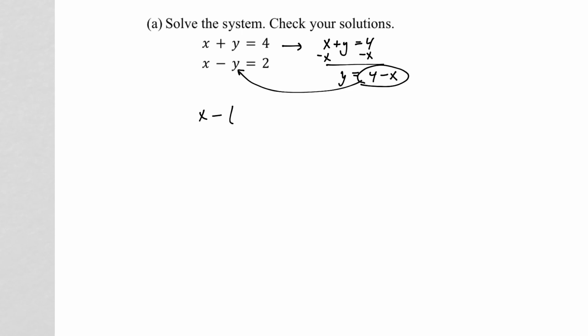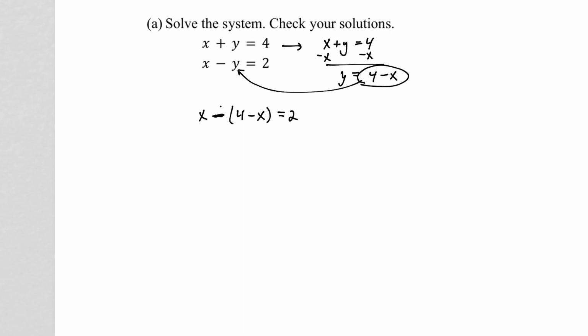So anytime I substitute, I always substitute into parentheses. And one of the big reasons I do that is because of this situation that arises in this problem. We have a minus sign out front, and we have to remember that this statement says x minus quantity 4 minus x.